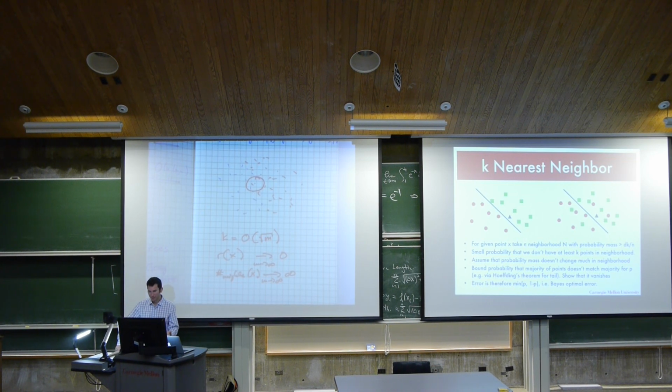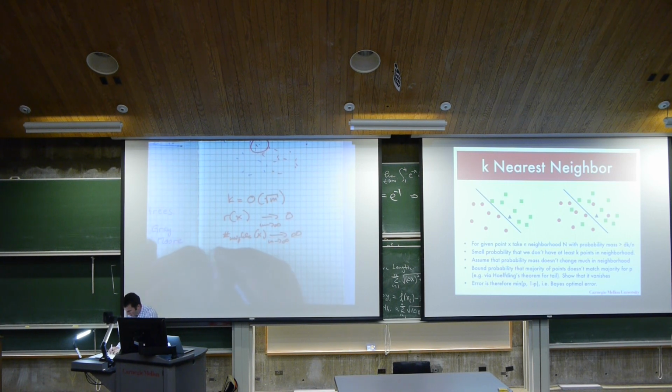Now, this is a very hand-wavy argument and we can make that much more formal, but I don't want to do that right now. So what that means is that you're going to predict with the majority class. So if you predict with the majority class, let's look at the error, right? Let's say the majority class has some p hat of x.